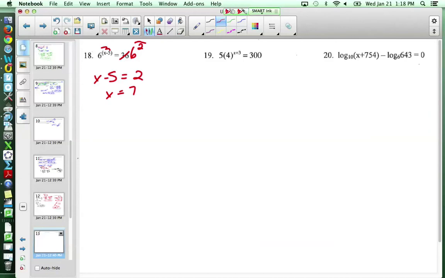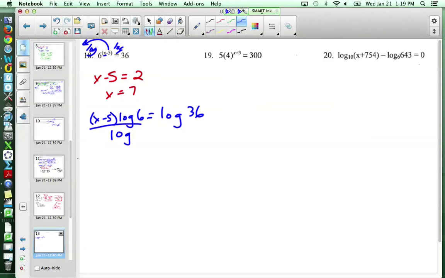If you don't notice that, however, then right from the beginning, since we have the variable in the exponent, we want to take the log of both sides. So I'll do the second way in blue. If we take the log of 6 to the x minus 5, the x minus 5 can swing out front. So x minus 5 times the log of 6 equals the log of 36.